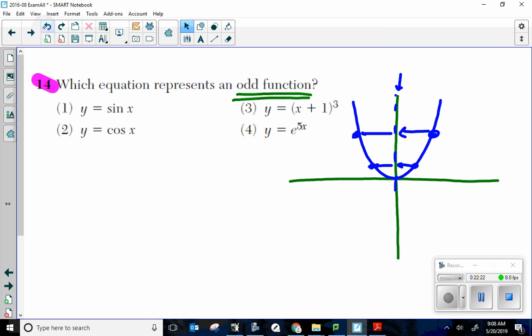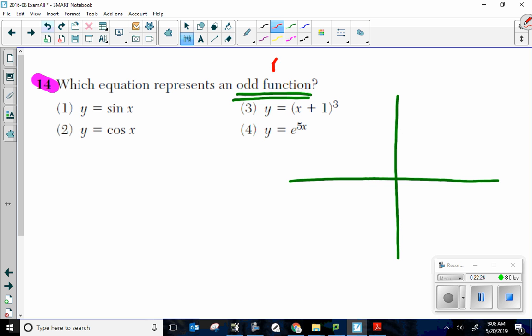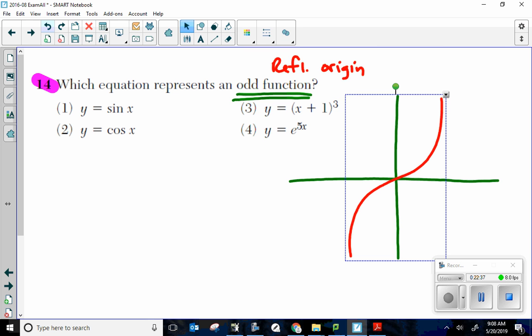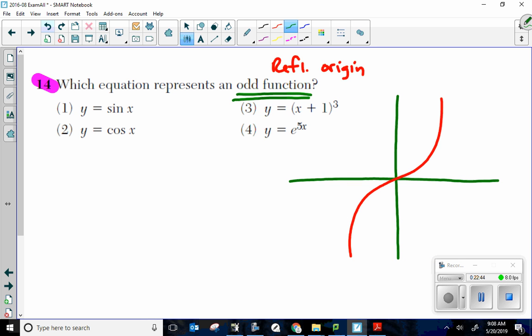If they wanted to know odd, odd reflects about the origin. It's like a 180-degree rotation. An odd function would look like this, because it looks like a 180-degree rotation. Boom. But more importantly, this point right here reflects across the origin to this point right here.